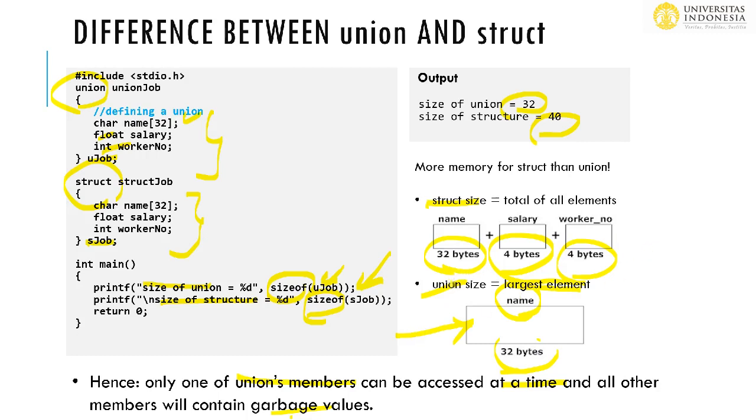Because in a union, you are thinking that not all of the data is needed at a time. Maybe you only need some of them, and the rest will be ignored or won't be used. So in this case, the union will be more efficient than the structure.